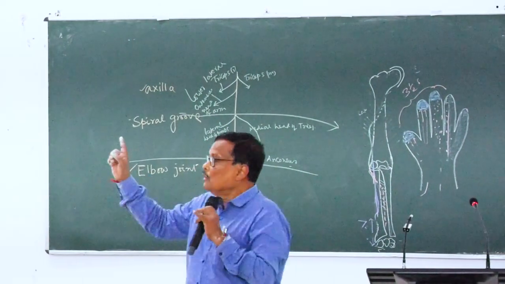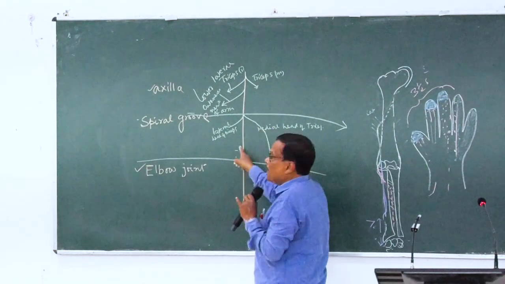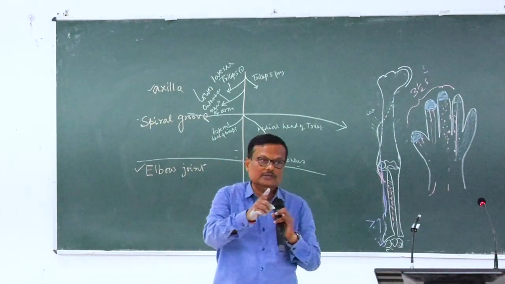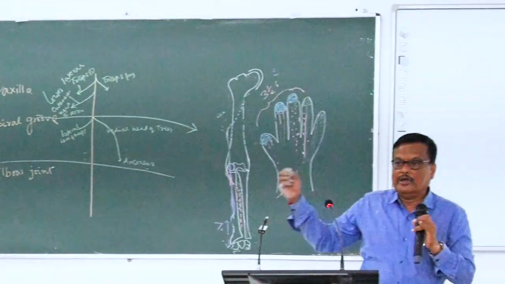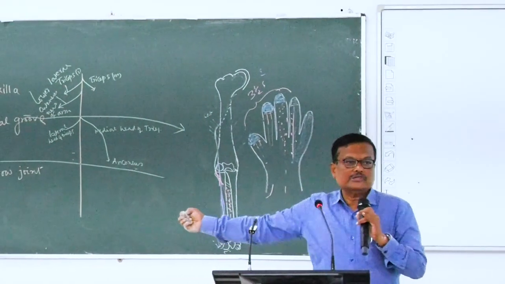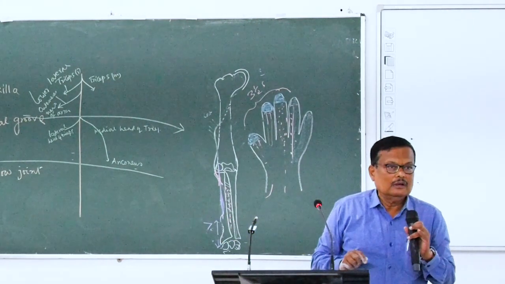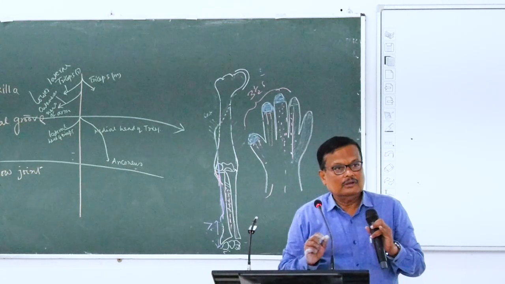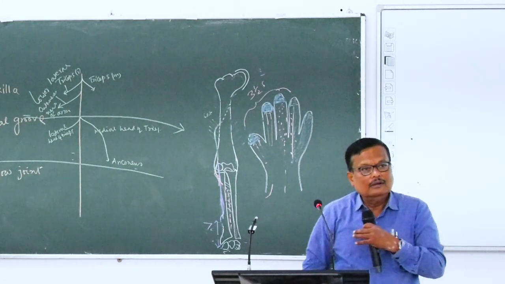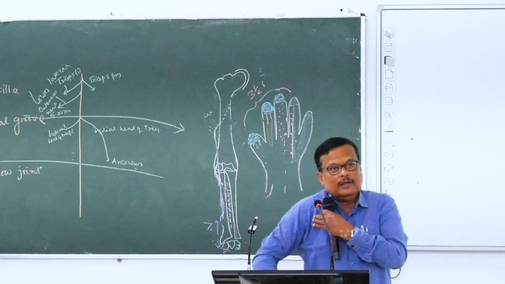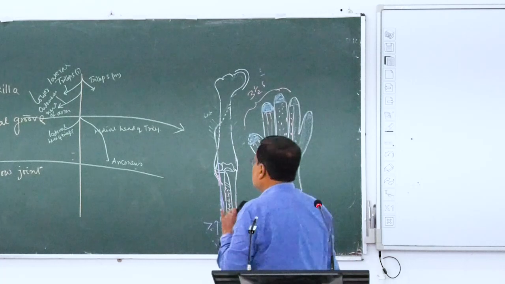So in how many ways does it supply the triceps? It supplies in the axilla and in the spiral groove. As I said before, nature is very wise. Triceps is a very important muscle, the only muscle of extension of the elbow joint, mainly supported by the anconeus. So it must be saved. If injury occurs here, some part will be saved; if injury occurs here, it will be saved here. So it gives multiple branches.